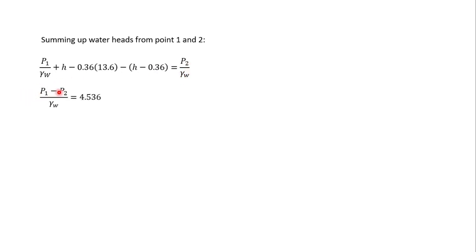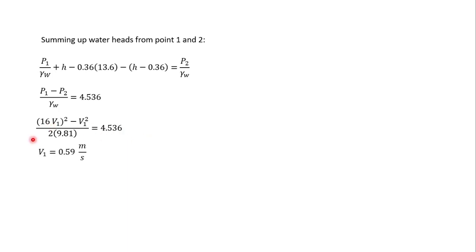So our P1 minus P2 over specific weight is now equal to 4.536. Then 16 V1 squared minus V1 squared over 2 times 9.81 is equal to 4.536, as this is the value for our P1 minus P2 over specific weight.